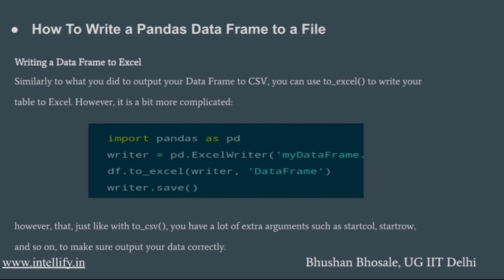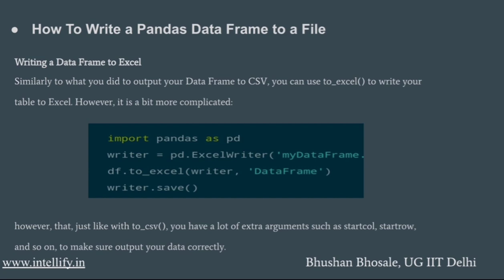So let us see how to write a data frame to Excel. Similarly to what you did to output your data frame to CSV, you can use to_excel to write your data table to Excel. However, it is now more complicated.